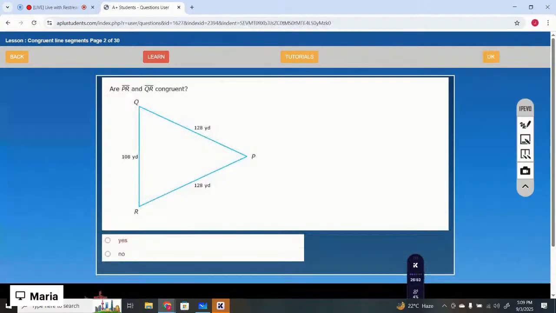Are PR and QR congruent? PR is 128 and QR is 108. No, they are not congruent.